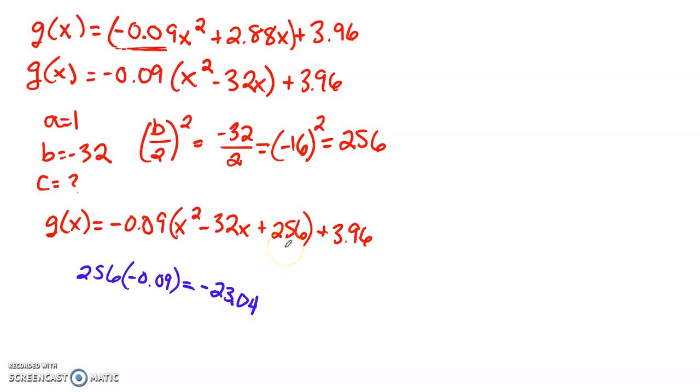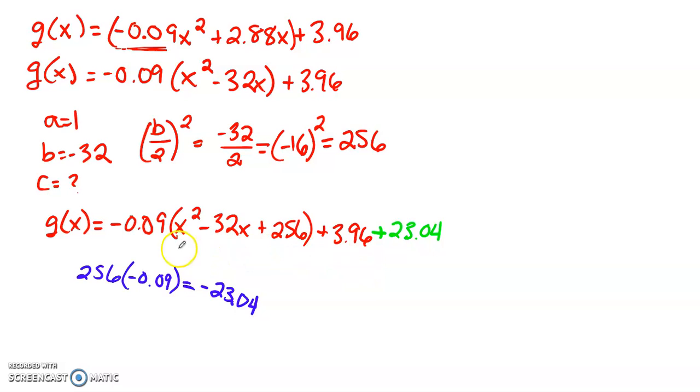So basically what I did in addition to this equation is I have this negative 23.04 that I added in. I have to offset this. So if that turns into negative 23.04, what I want to do on the outside is add 23.04. So that way in the end this will cancel out and I don't change the value to my equation.